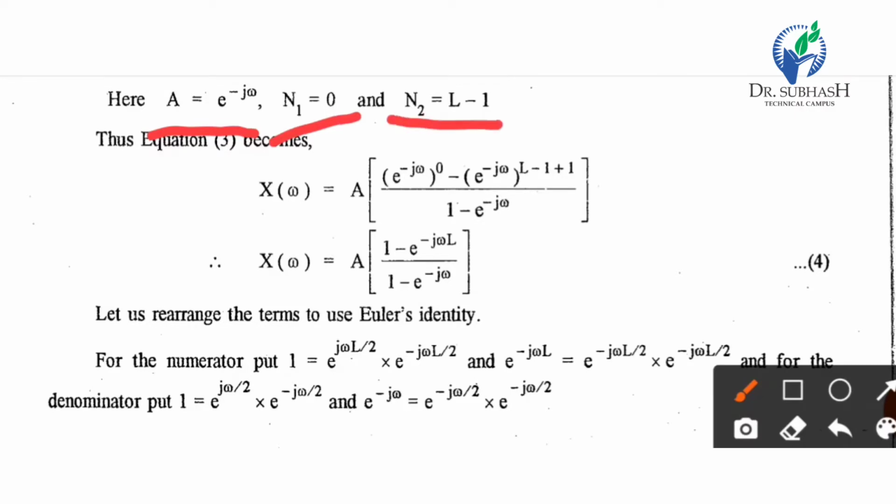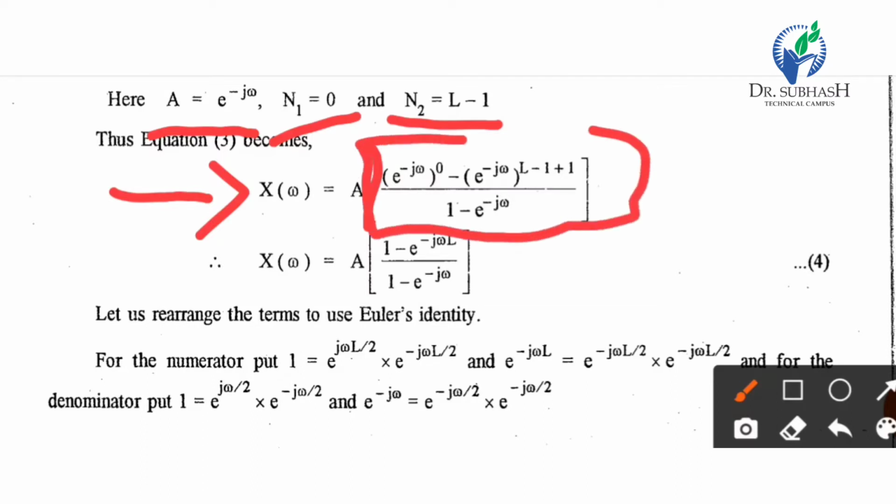So by using the standard summation formula, X of omega equal to a times e raised to minus j omega raised to the lower limit, which means 0, minus e raised to minus j omega raised to the higher limit plus 1, so e raised to minus j omega L minus 1 plus 1, divided by 1 minus e raised to minus j omega.